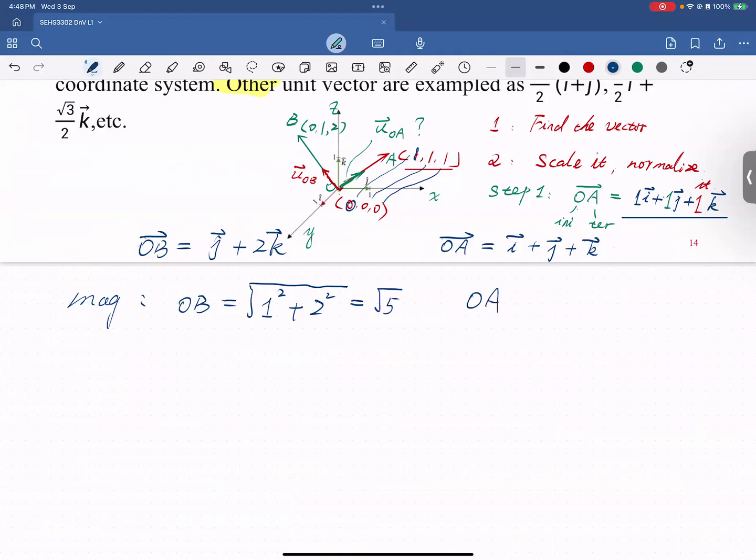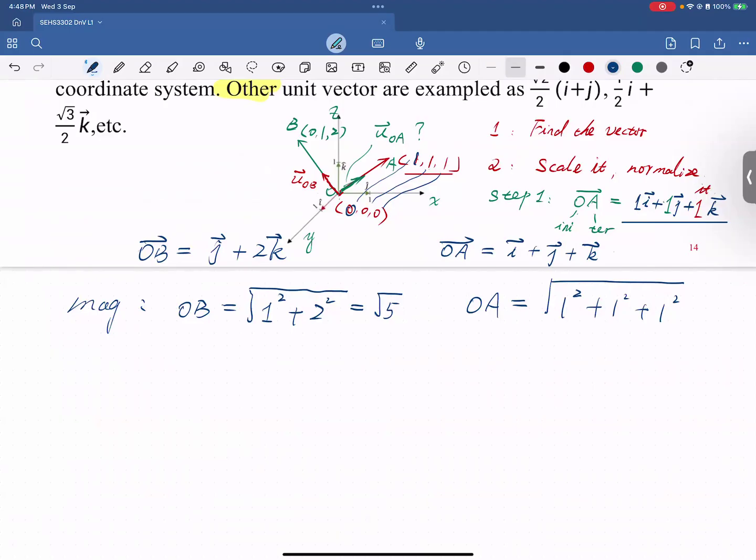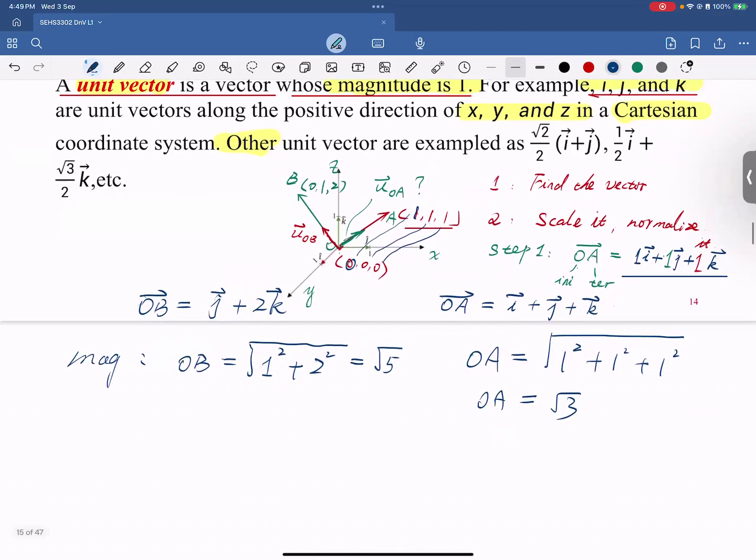For OA, the magnitude is 1 square plus 1 square plus 1 square, and the square root, from 2D to 3D, just the generalization. It's root 3 for OA. So this is step 1.